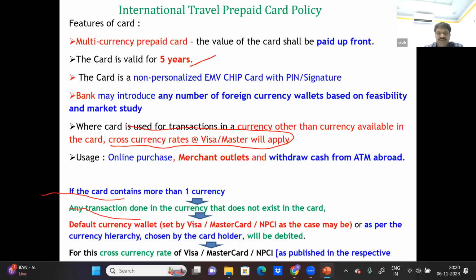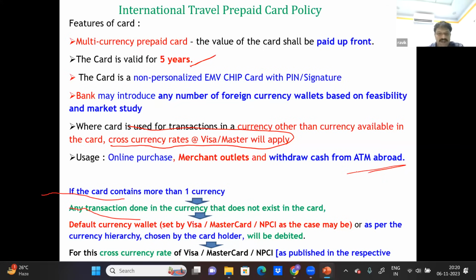Then usage: where can they use this card? Online purchase, merchant outlets, and cash withdrawal abroad, ATM abroad, anywhere it is permitted. If the card contains more than one currency, for example a multi-currency card with dollars, euro and GBP, all three currencies, then how will the card be used?